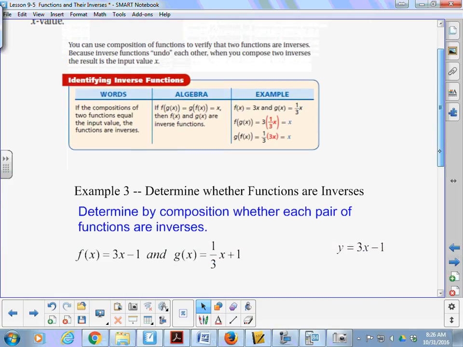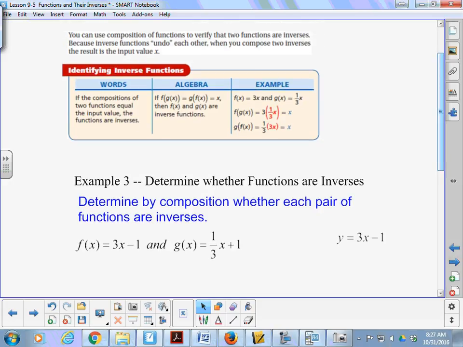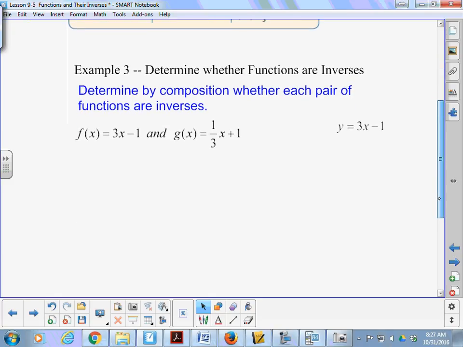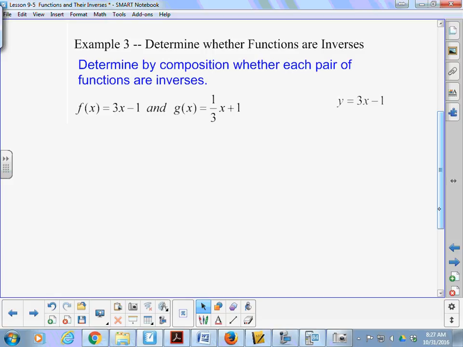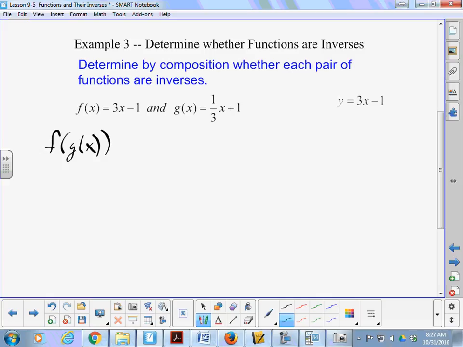So we're going to use composition to determine whether a couple functions are inverses or not. All right. So we worked with composition on Friday, so we'll do that. So we want to tell whether these two are inverses. So that means we're going to do f of g of x, and we're going to do g of f of x.